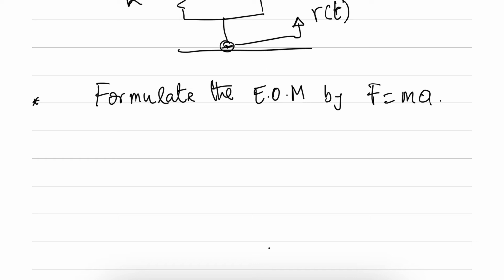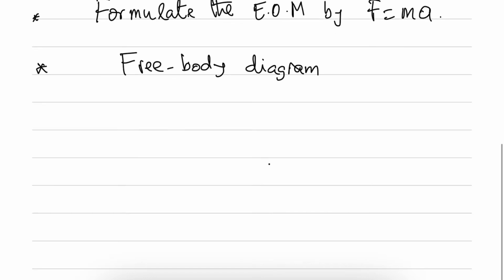With Newton's equation, we first draw the free body diagram. In our case, we have one mass. So our mass has a vertical force which is equal to mass times the acceleration.